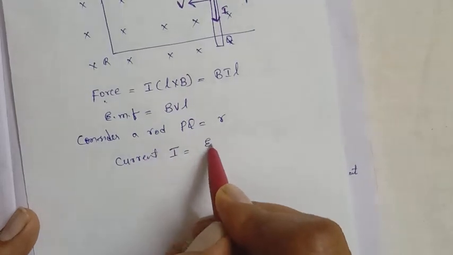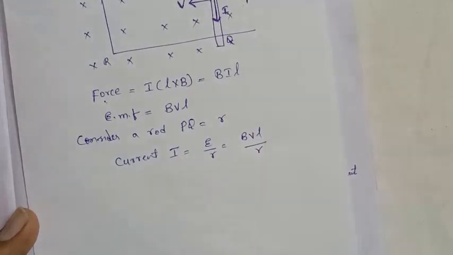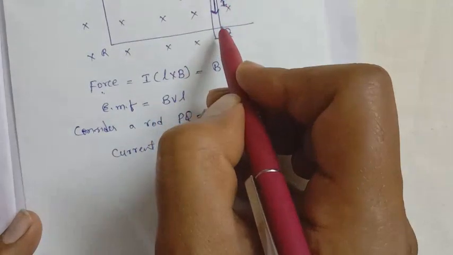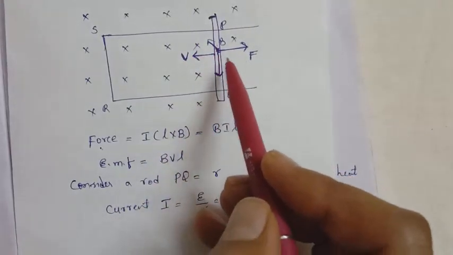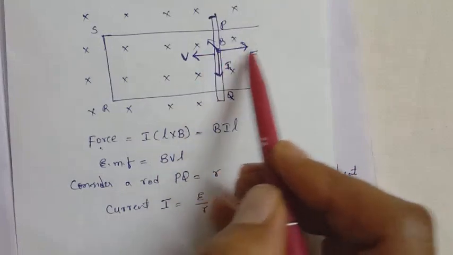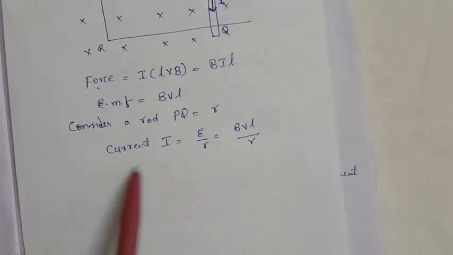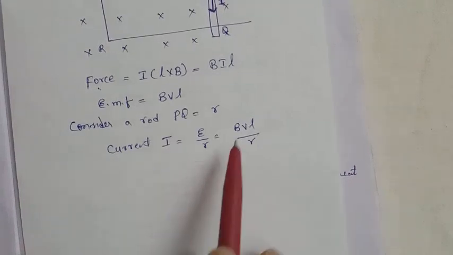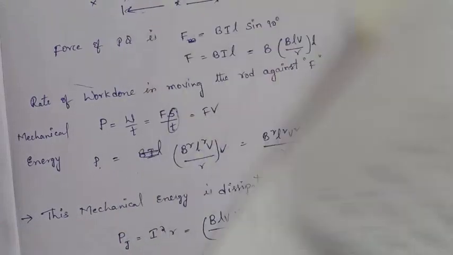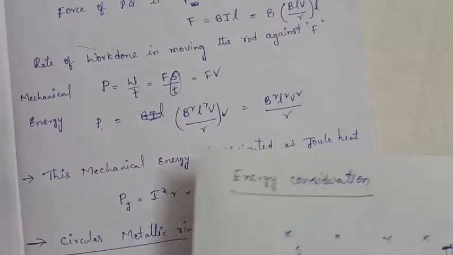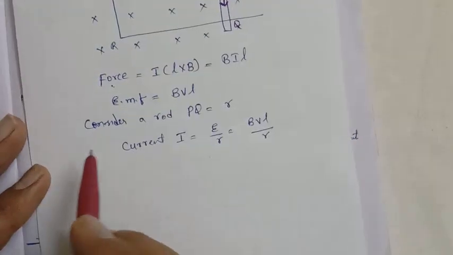I is equal to E by R, which is equal to BvL by R. When this current flows in the magnetic field, you have to apply a force, since there is an opposing force. Against that force you are doing the work here. So against this force you are doing work, so then the rate of work.